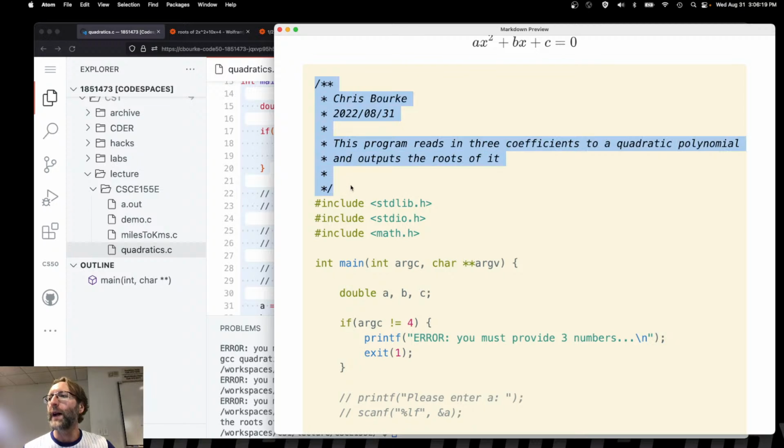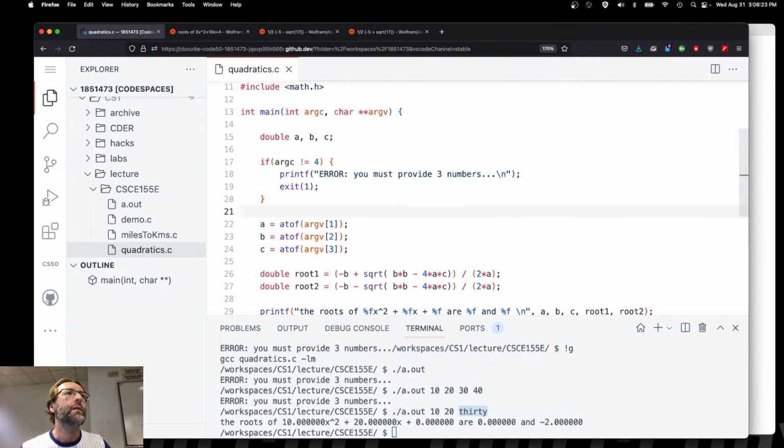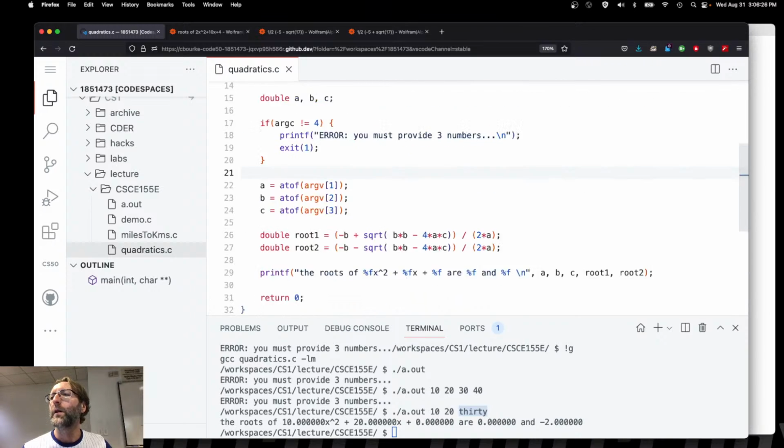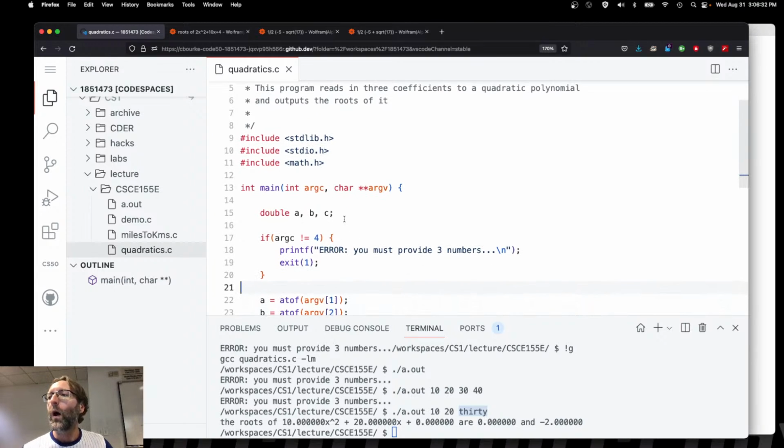Other than this, do I have any other comments? Nope. Good. You do not want verbose comments, like lots of comments. Why? Because it's self-explanatory. Now you have a week and a half of C under your belt. This is self-descriptive code. It's self-documenting code.